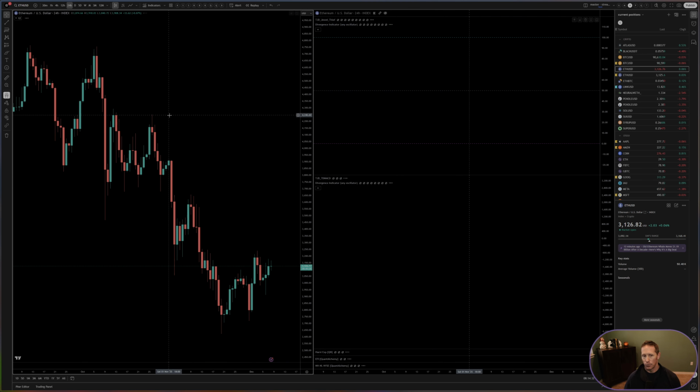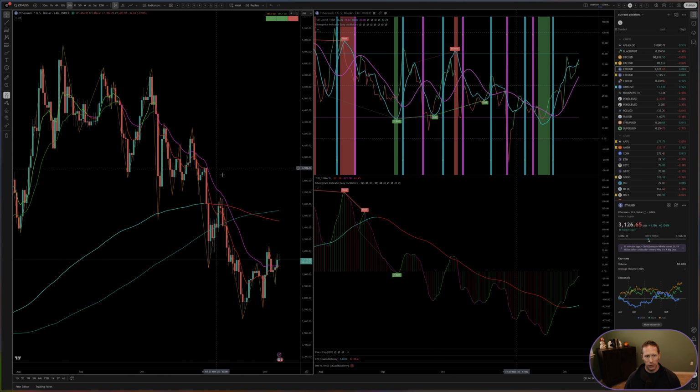Real quick, running through Ethereum. First things first, the 8 and 21 are down, so short-term bearish. We have the SMA slope still green here, so that's the only thing looking bullish. We had a cross of the 200s here, so that's bearish, and the EMA slope is down, so that is bearish.